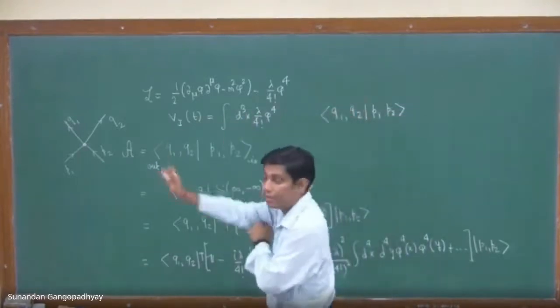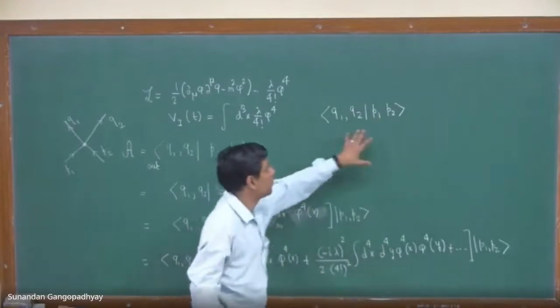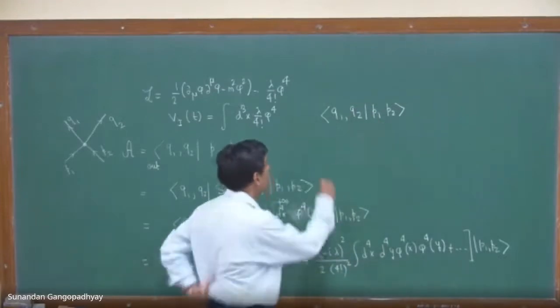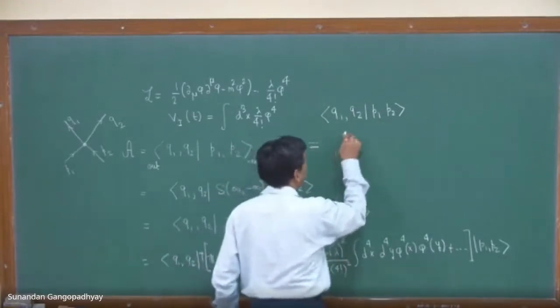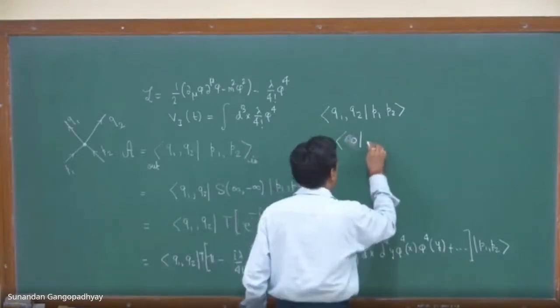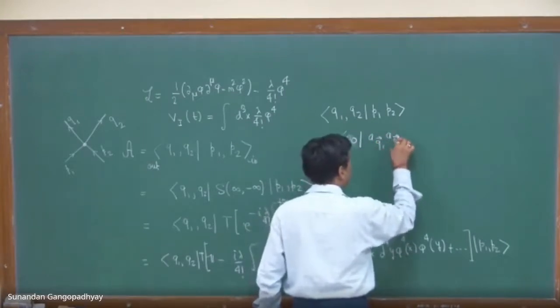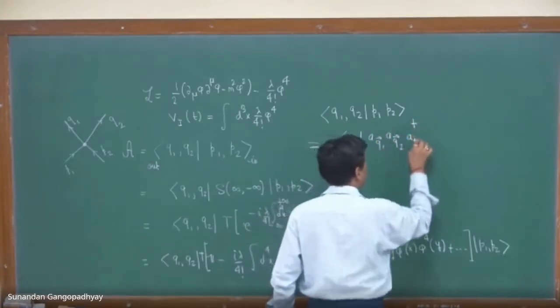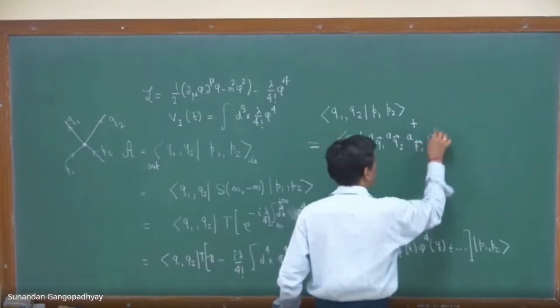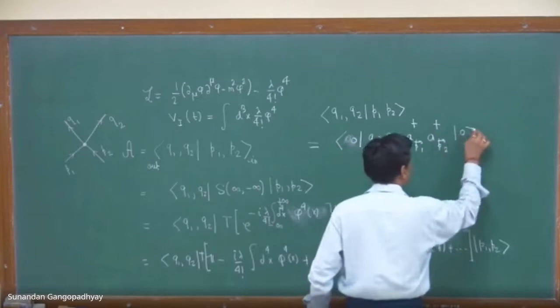There are no interactions here, so they are just eigenstates of H0, and therefore you can write this in terms of the vacuum, a_Q1, a_Q2, a dagger P1, a dagger P2.